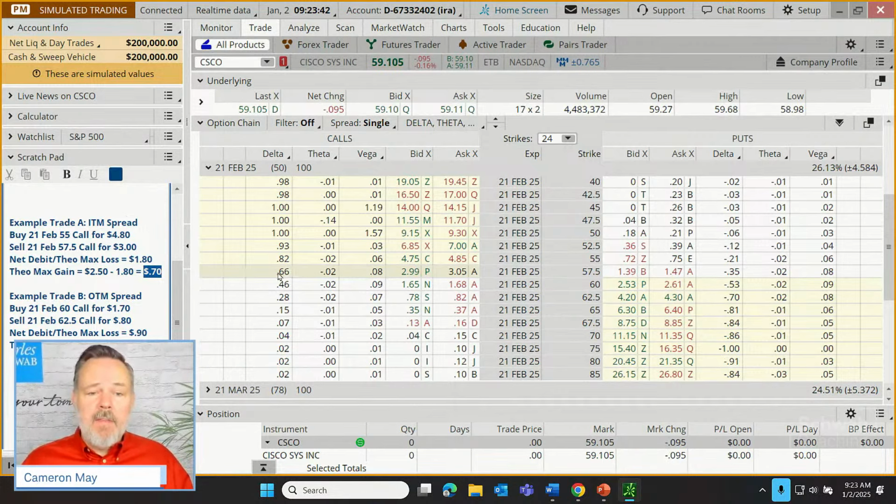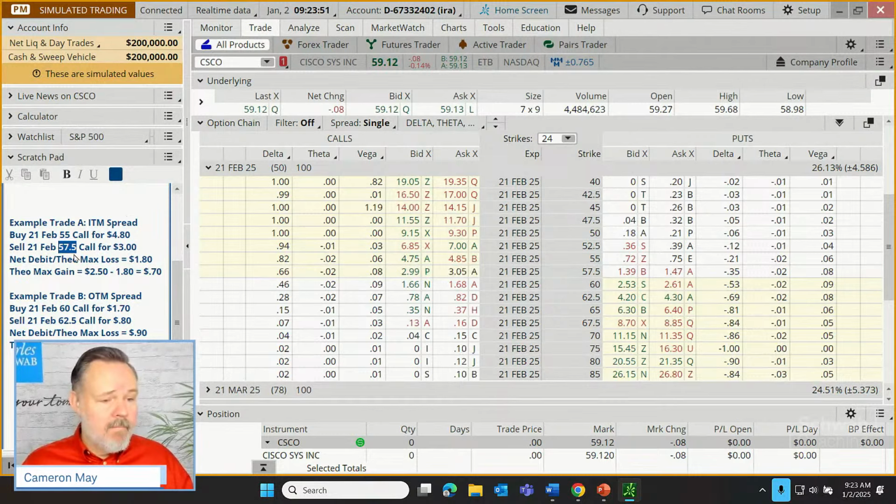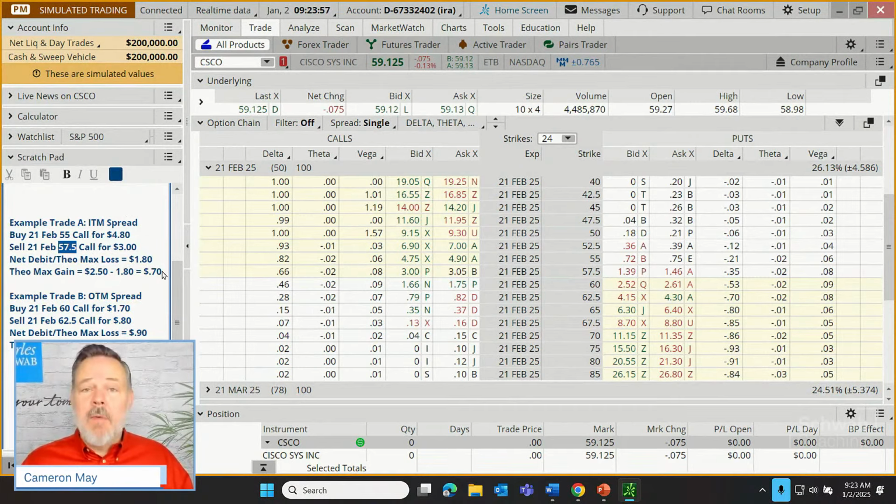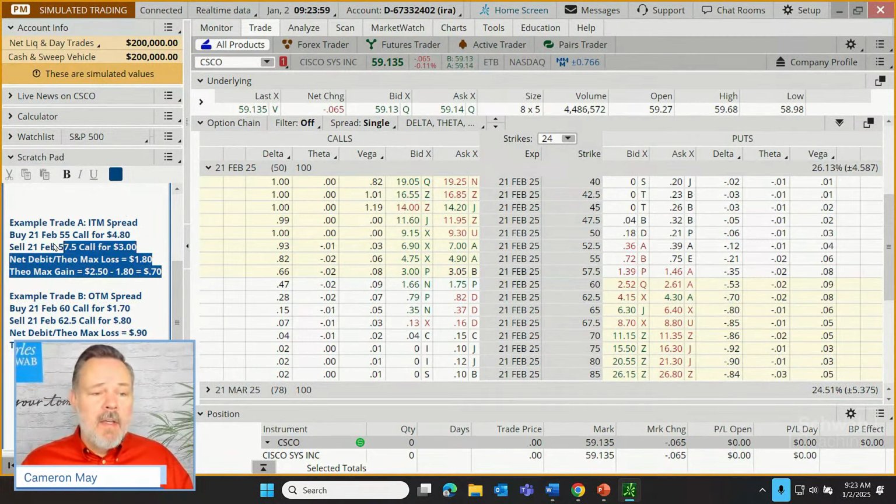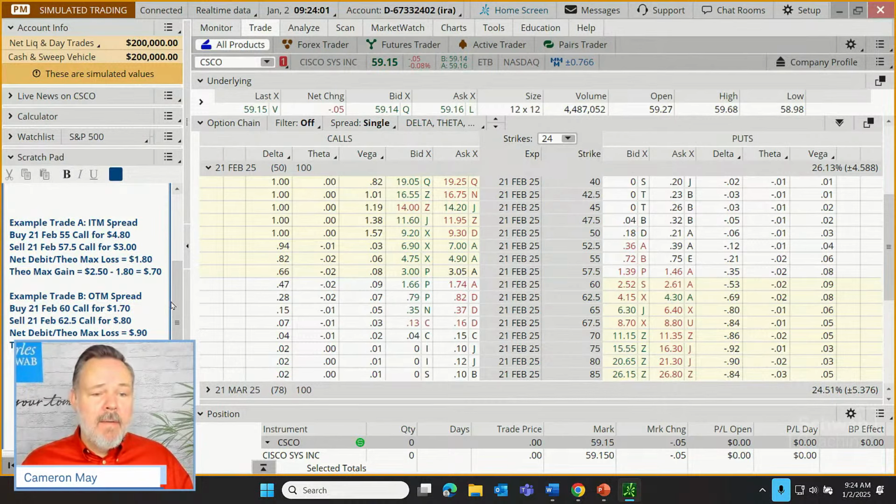So there's about a 65-66% chance of that 57.5 call being assigned. Okay? So in other words, a 65-66% chance of maximum theoretical gain being realized in trade A.